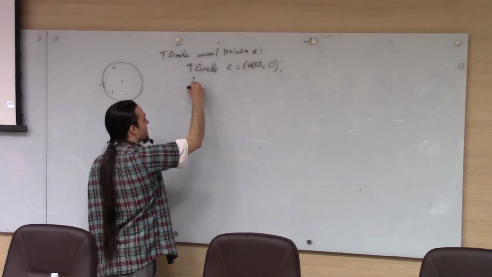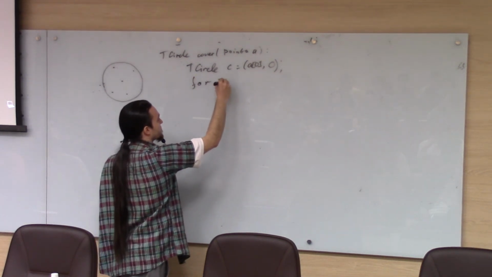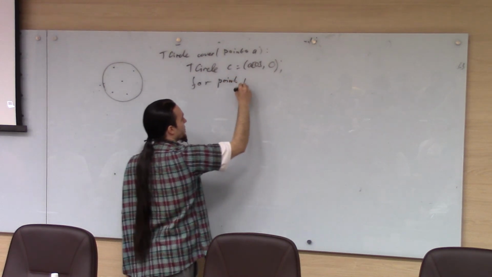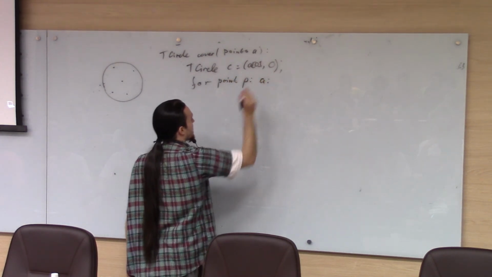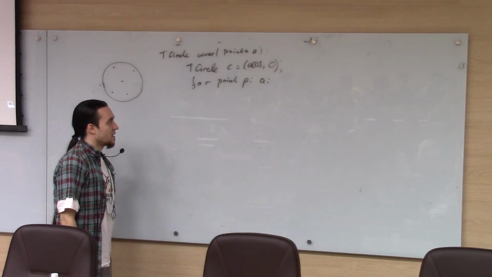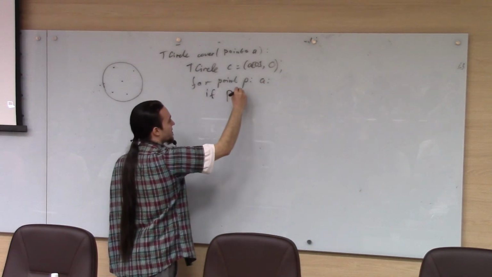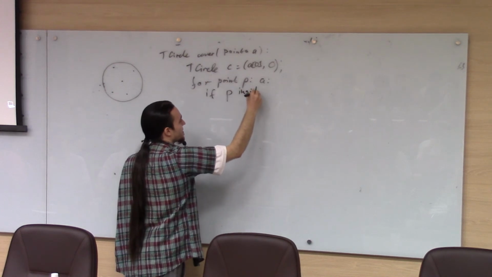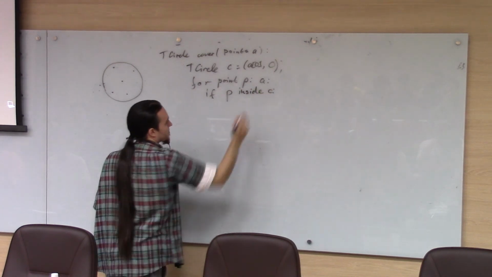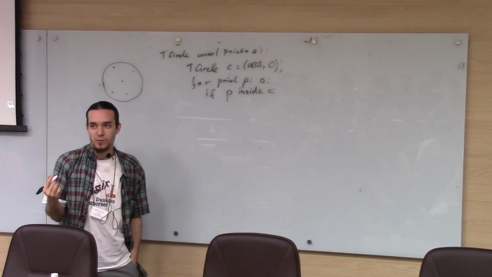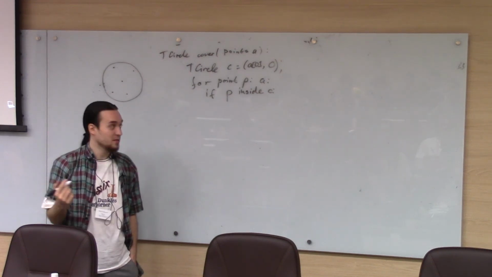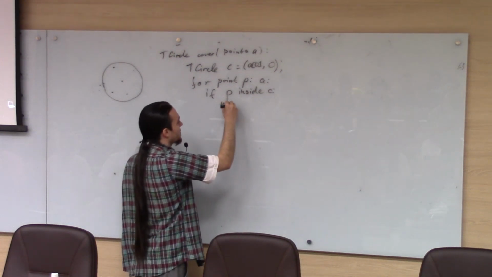Then we go over all points, and what happens here? If the point P is inside the circle C, what do we have to do to obtain the new answer? Nothing, exactly. We have to do nothing.